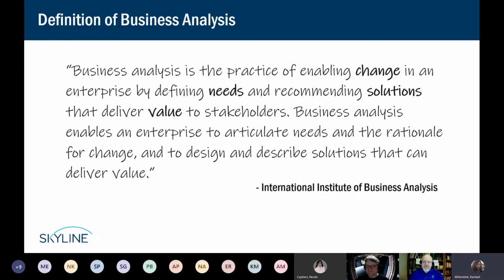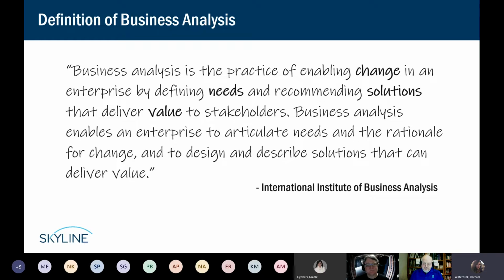This is the official definition of business analysis from the IIBA: business analysis is the practice of enabling change in an enterprise by defining needs and recommending solutions that deliver value to stakeholders. Previously, in the most recent older version of the BABOK, the BA Book of Knowledge, the definition was actually quite different.